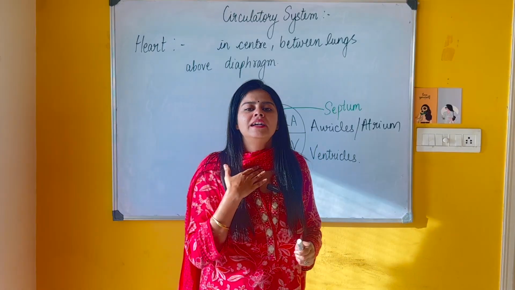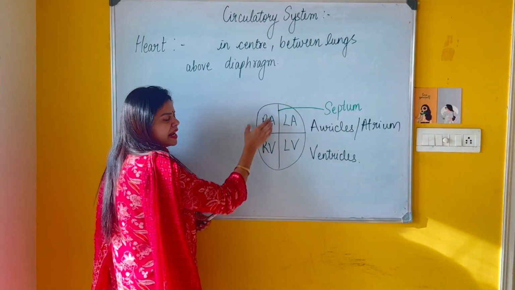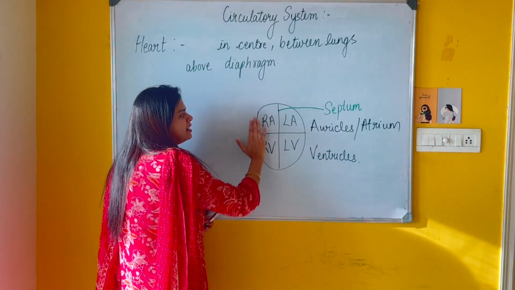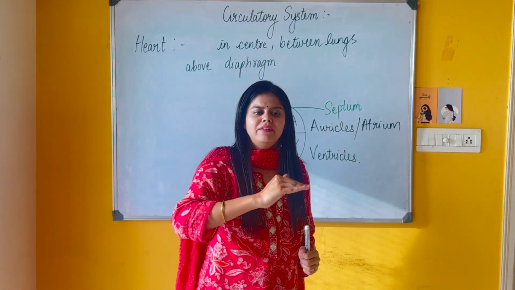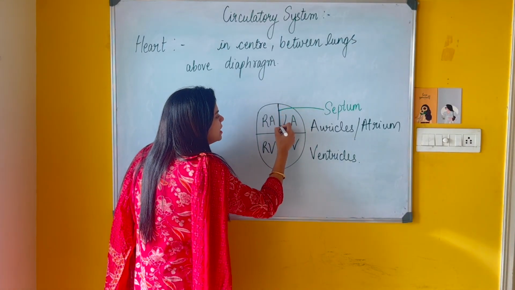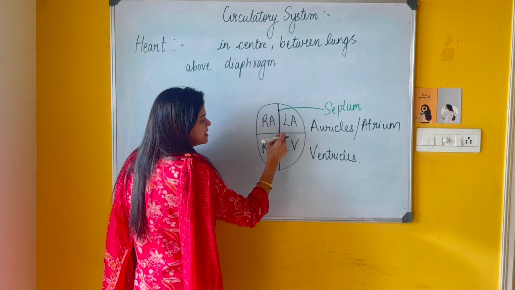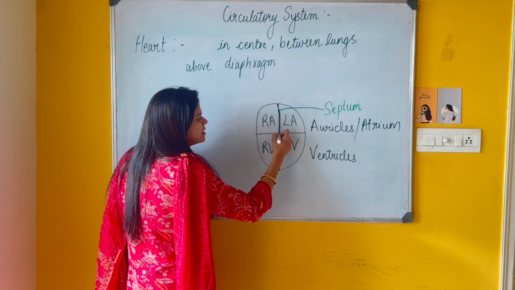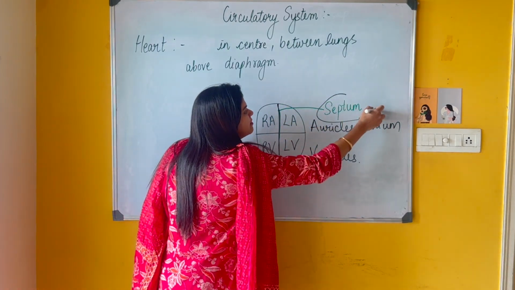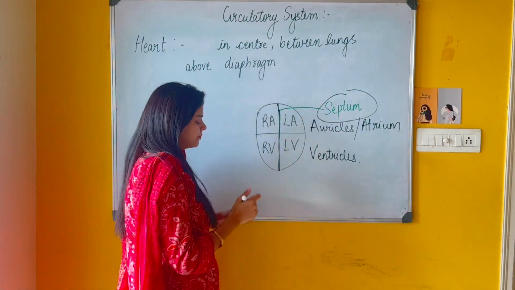Human heart is divided into 2 halves. Left half, right half. And what do you think divides the human heart into left and right half? This line. This is called septum. Septum divides the human heart into left side and right side.